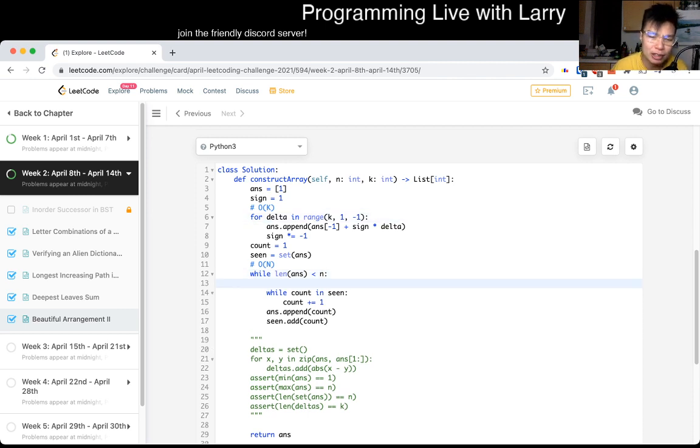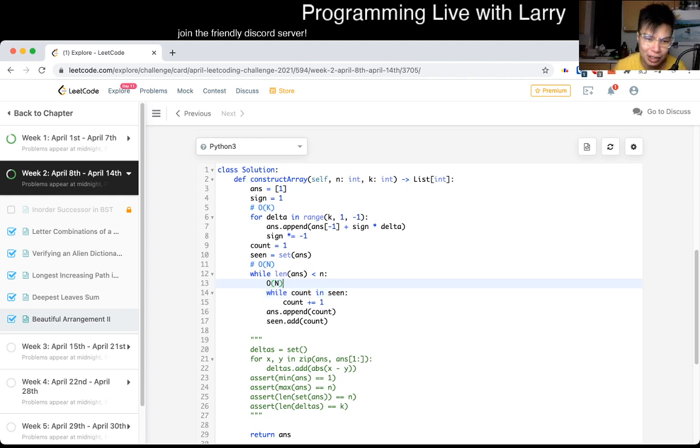Here these two while loops may look weird and may look quadratic, but you can also know that we're only checking each number. This count only goes from 1 to n, so it's almost like a 2 pointers algorithm. You can think of it that way. Because of the 2 pointers, even though they look like a nested loop, they actually move independently at most n times, and therefore this is going to be O of n in total.